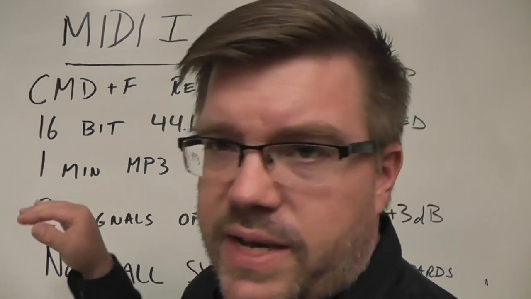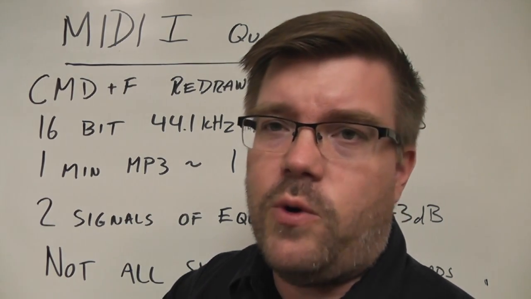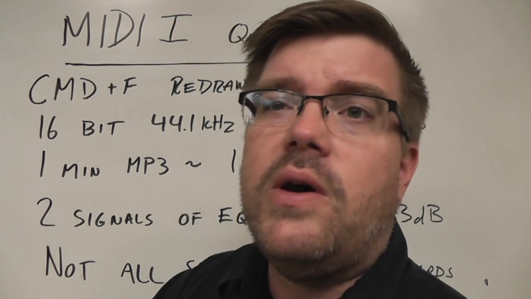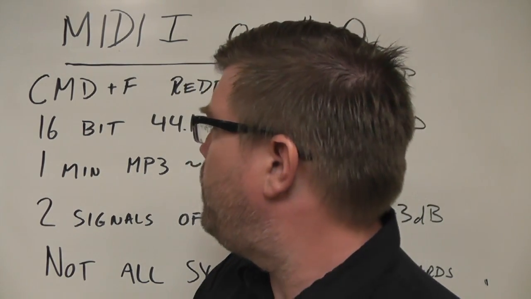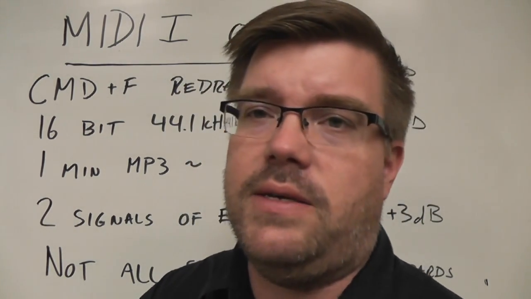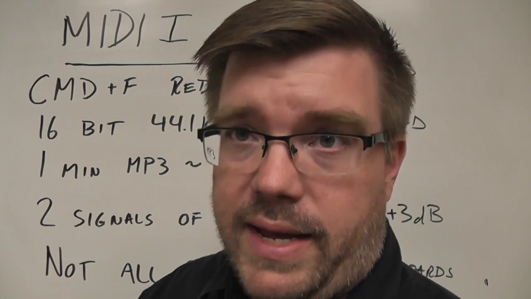So 16-bit, so we record usually in 24 or maybe 32 float, but 16-bit and 44.1 kilohertz sample rate. So 44,100 times every second it's taking a sample, right? And each of those samples are 16-bit word lengths.